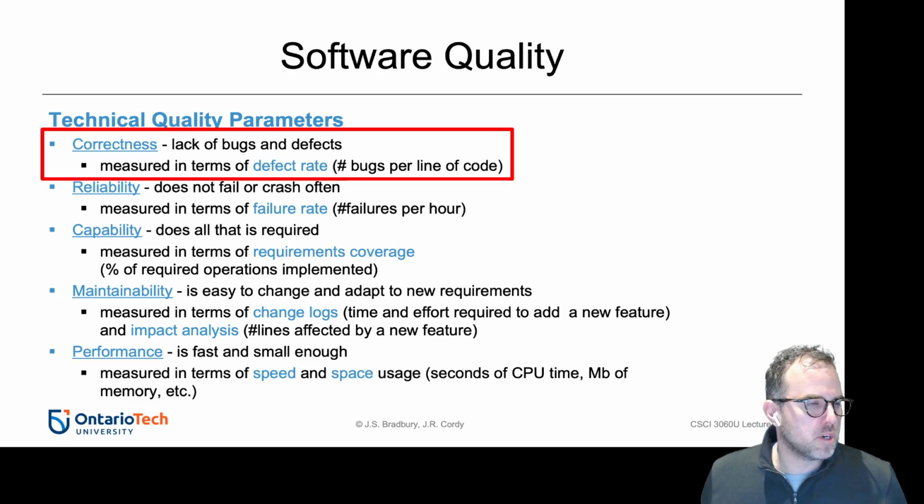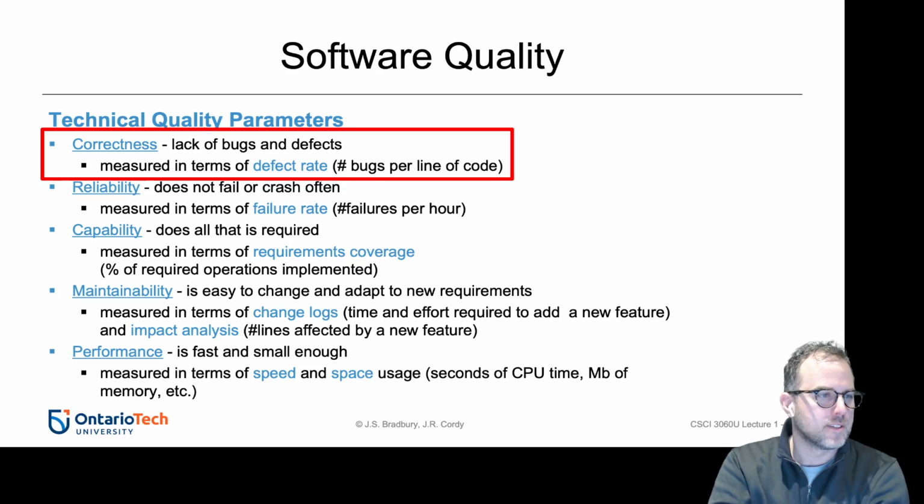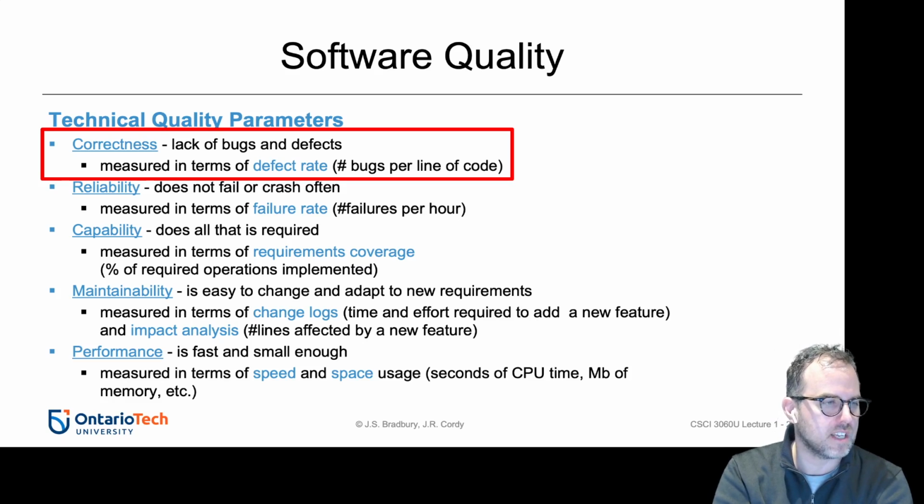We haven't mentioned the word bugs yet, but software bugs dominate what you hear about software quality. If it makes the news and it's about software quality, it's probably about a bug, right? It's probably about some bug that's been found and could be exploited, security bug, some bug that caused something to crash.